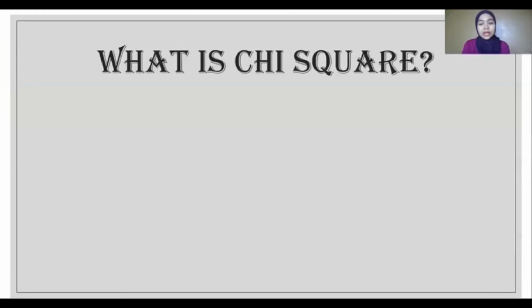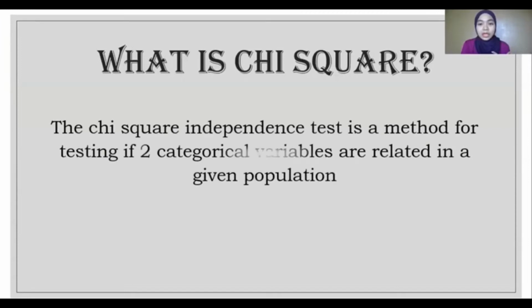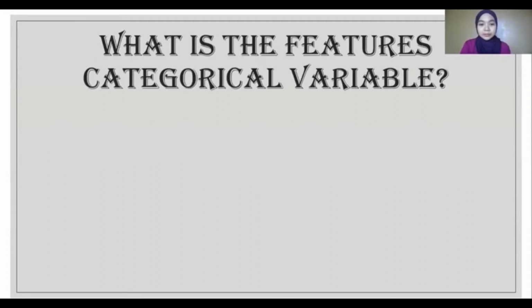First of all, I would like to explain what is chi-square. The chi-square independence test is a method for testing if two categorical variables are related in a given population. So, what is a categorical variable?